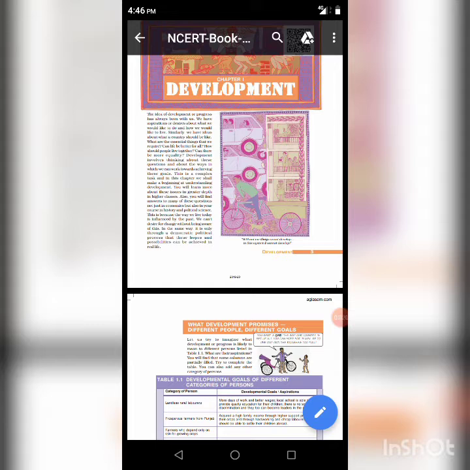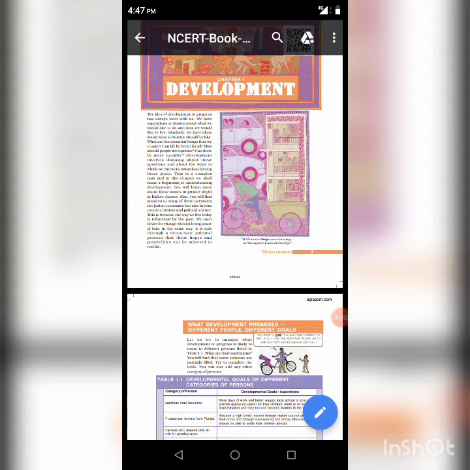So, two things are quite clear. Number one, different people can have different development goals. Number two, what may be development for one may not be development for others. It may even be destructive for others.